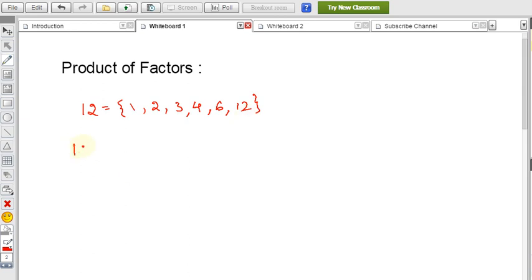And 12 prime factorization notation, if you do, that is 2 6s are 12, 2 3s are 6, and 3 1s are 3. So 12 we can write as 2 to the power 2 into 3 to the power 1.